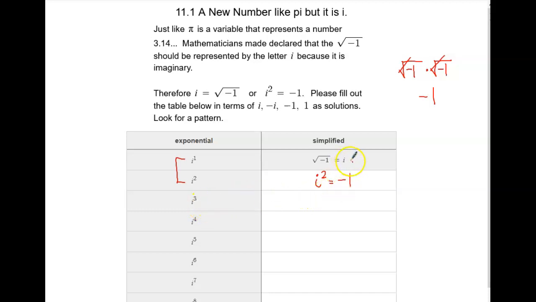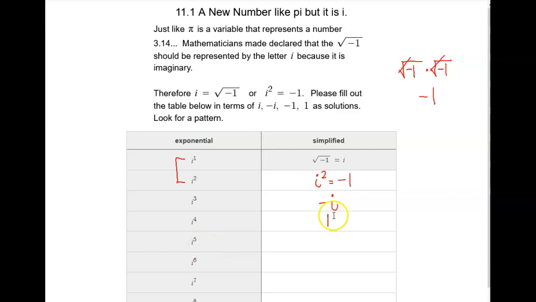i cubed is just multiplying these two things together because i squared times i is just i cubed. So if I take this one times this one, then we get negative i. And i to the fourth would be the same thing as i squared squared. So we would just take negative 1 squared, which is just 1. And we just continue going down.